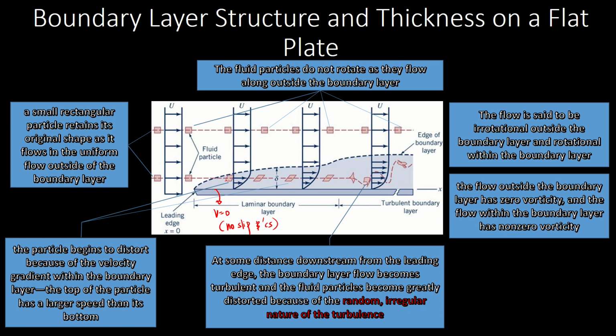That's why the shape becomes like this. The particle begins to distort because of the velocity gradient. I think you still remember the velocity gradients, for example du/dy, du/dx, du/dz. So there is a velocity gradient within the boundary layer.